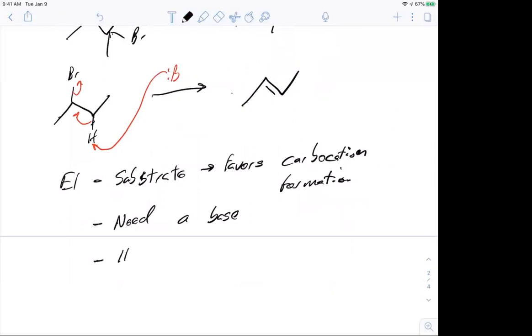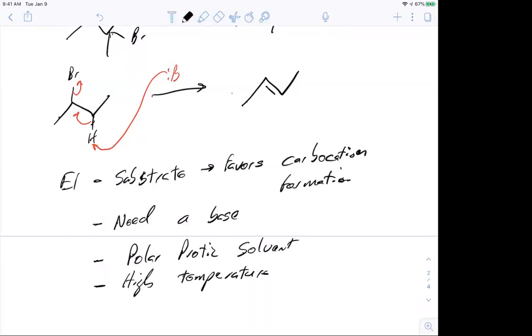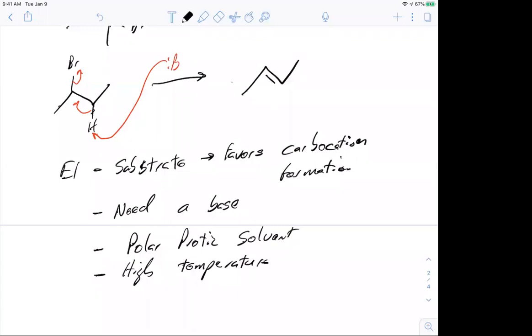And then just like before, polar solvents and high temperatures, so we've got to form that carbocation. If you notice, this looks a lot like the SN1, and we'll get to that in a second.